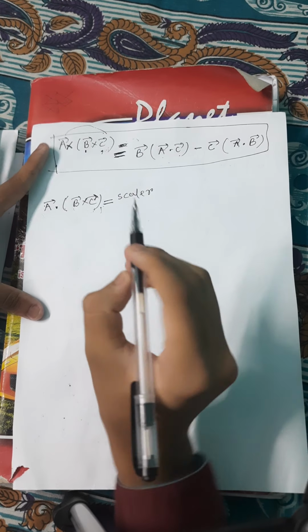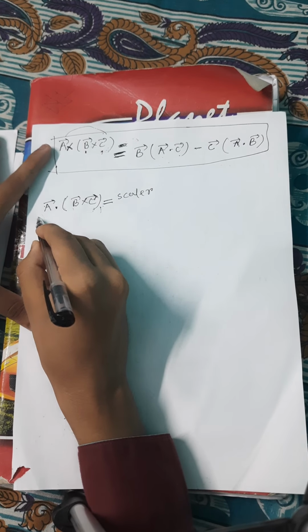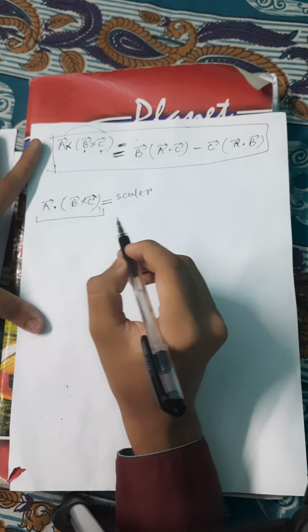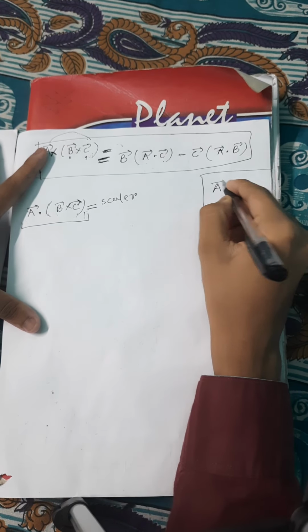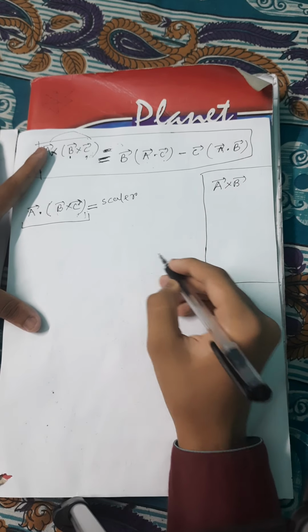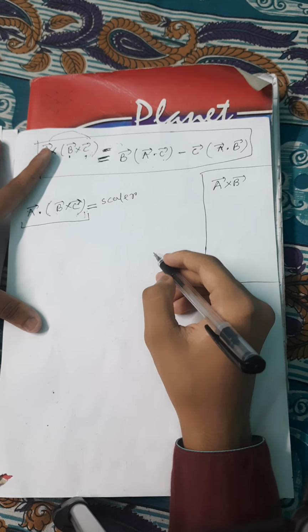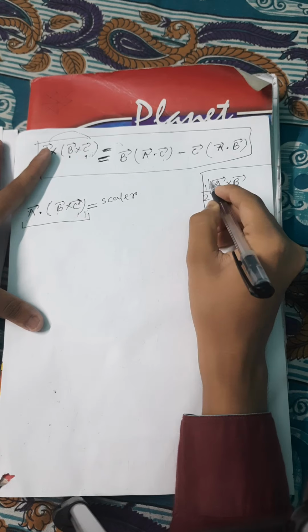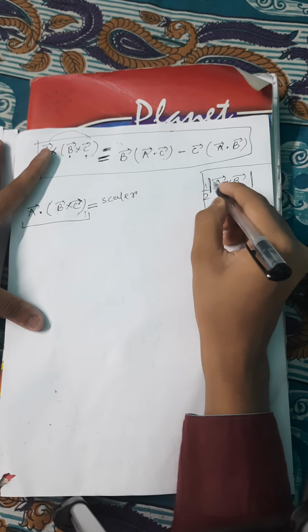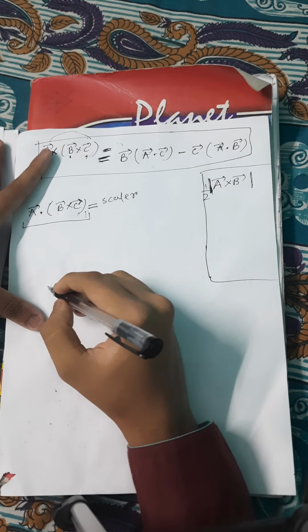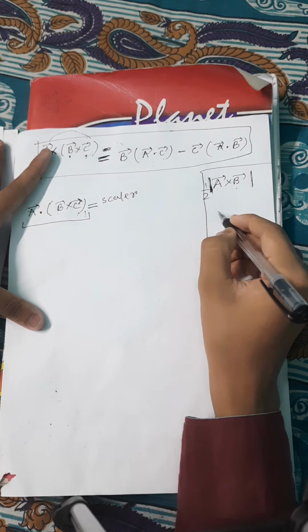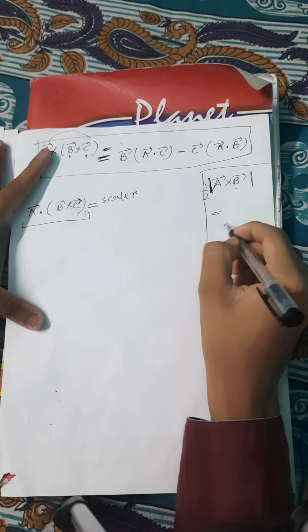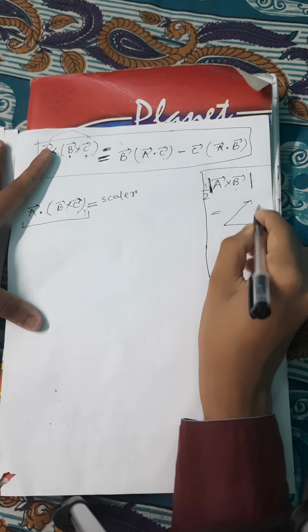And one thing, the geometrical interpretation. You remember the geometrical interpretation of A cross B? If I take the modulus of A cross B and half of it, that is the area of the triangle.